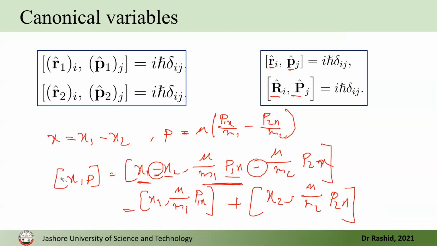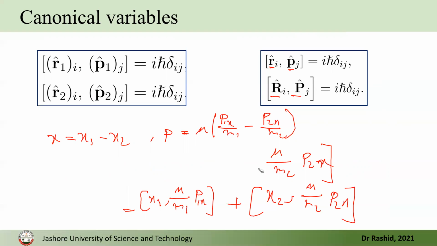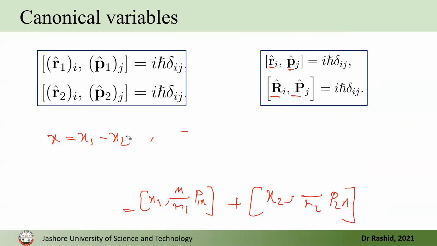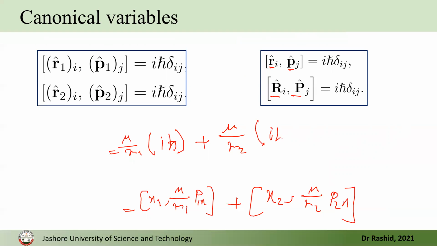So let's get rid of this to make some space. I erased mu here also. Now you can see from here we can take mu by m1 out, and this will have i h-bar, and also here we can take mu by m2 out, and this will have i h-bar.